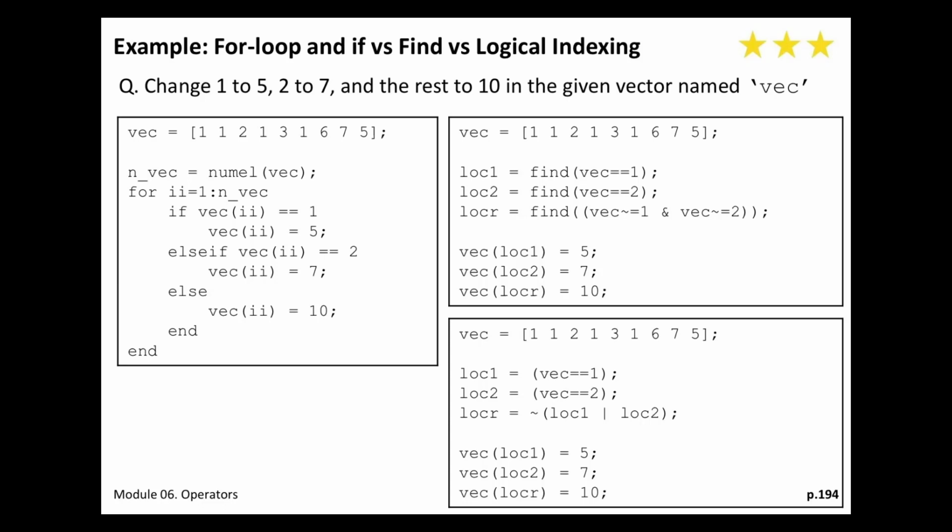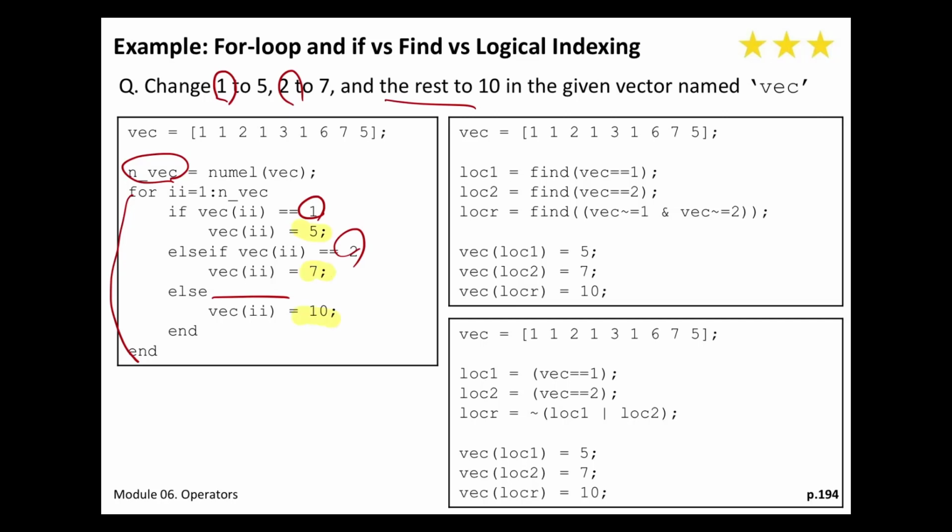Find the number of elements, that is n, and then design the loop structure, evaluating each value to see if it falls in condition 1, 2 or the rest, and then assign the new value here.